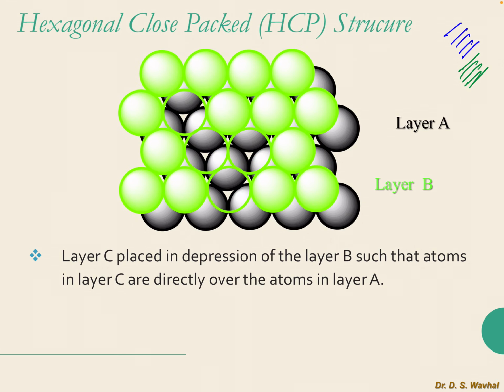But now layer C sits in the depression formed by atoms in layer B, and they are exactly above the atoms from layer A. So they can occupy this position. So they would be exactly above, or they can occupy this position. So that layer C atoms would be exactly above the atoms from layer A.